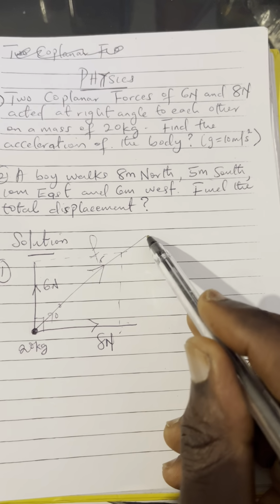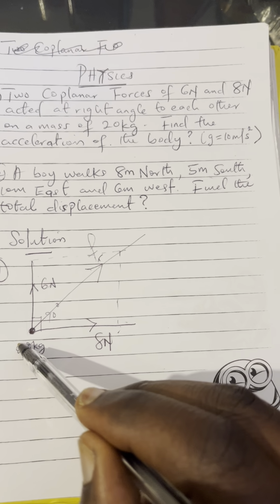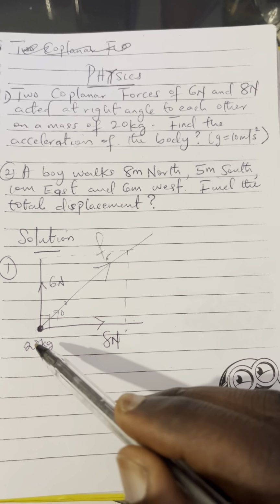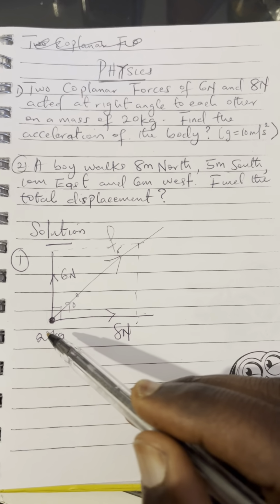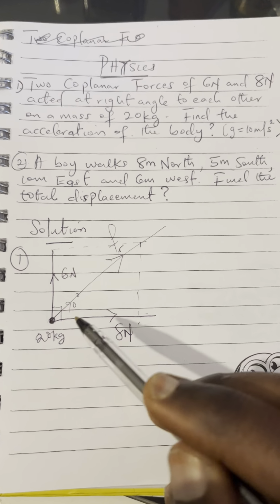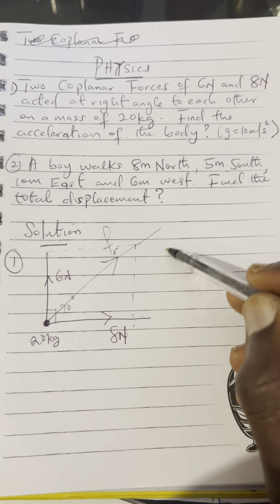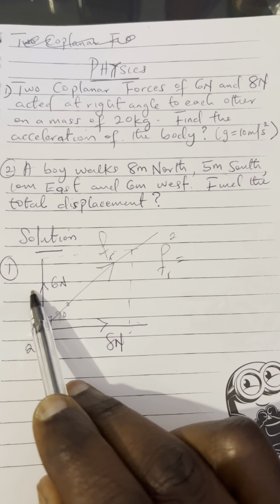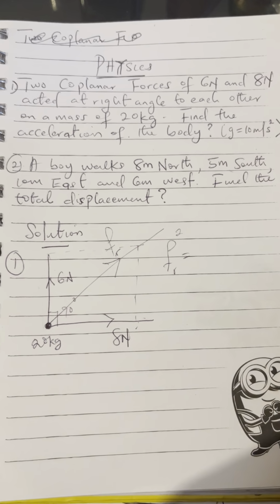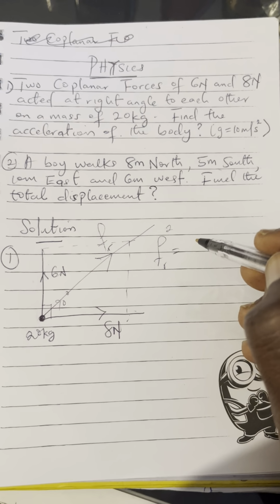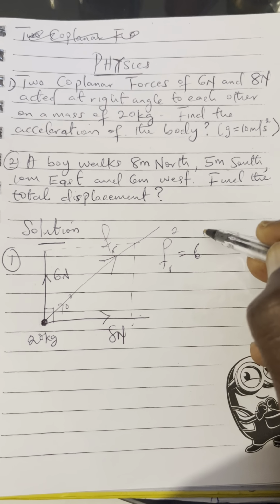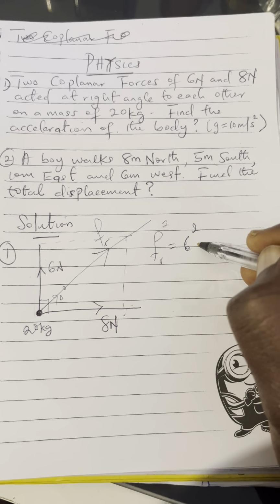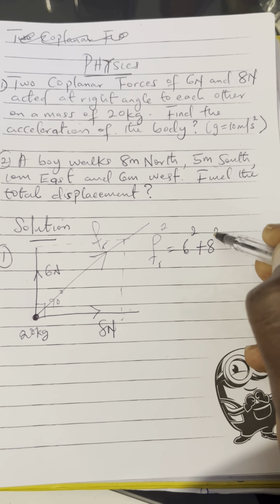And this long side, which is the resultant, is actually the hypotenuse. So from the Pythagoras theorem, we know that F of R squared will be equal to the opposite squared plus adjacent squared. That is 6 squared plus 8 squared.